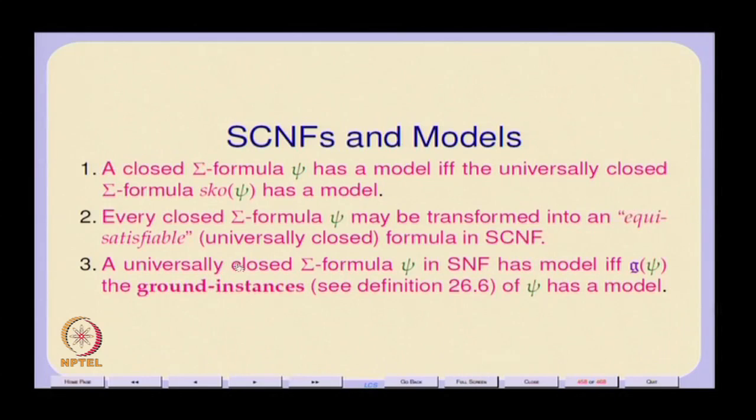Any universally closed sigma formula psi in Skolem normal form, not necessarily the conjunctive normal form, has a model if and only if the ground instances of psi have a model. So, this is what happens when you take your Skolem normal forms and apply Herbrand's theorem on them. After all, your Skolem normal forms are also a subset of your closed formulae, so Herbrand's theorem applies immediately.